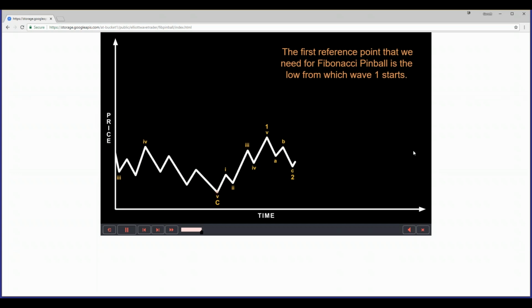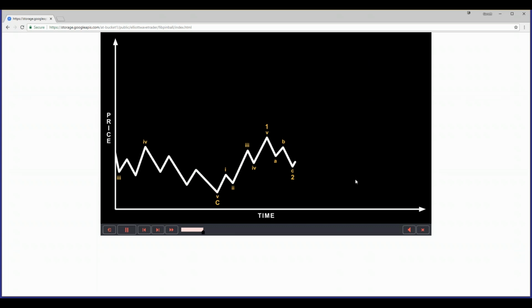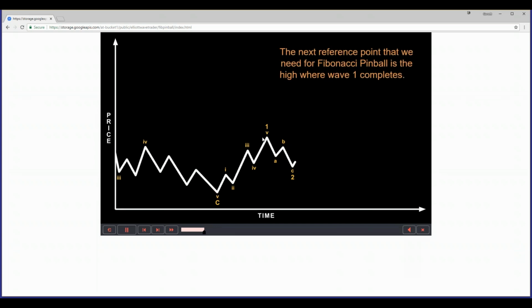To apply Fibonacci pinball, the first reference point that we need is the low from which wave 1 starts, so the bottom of that C wave where the correction completed and price turned back up at the start of wave 1. That's the swing low. The next reference point is the high where wave 1 completed.